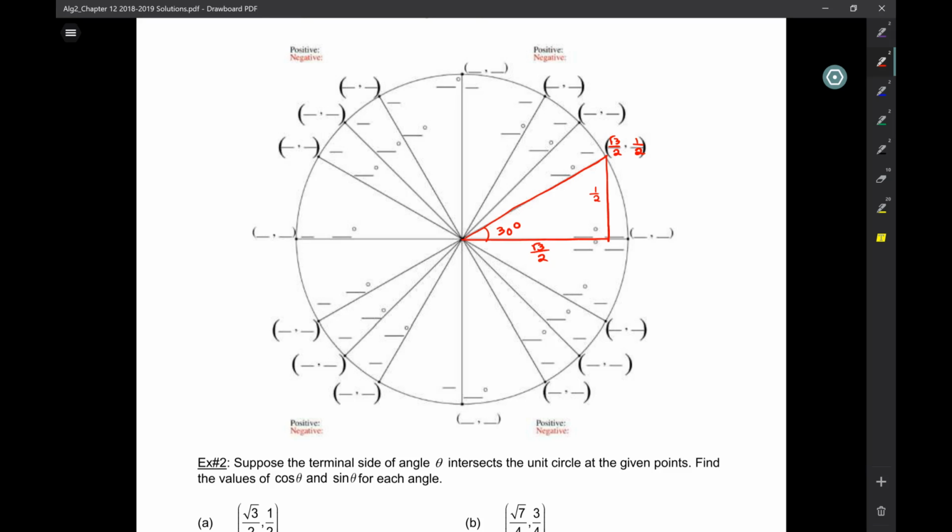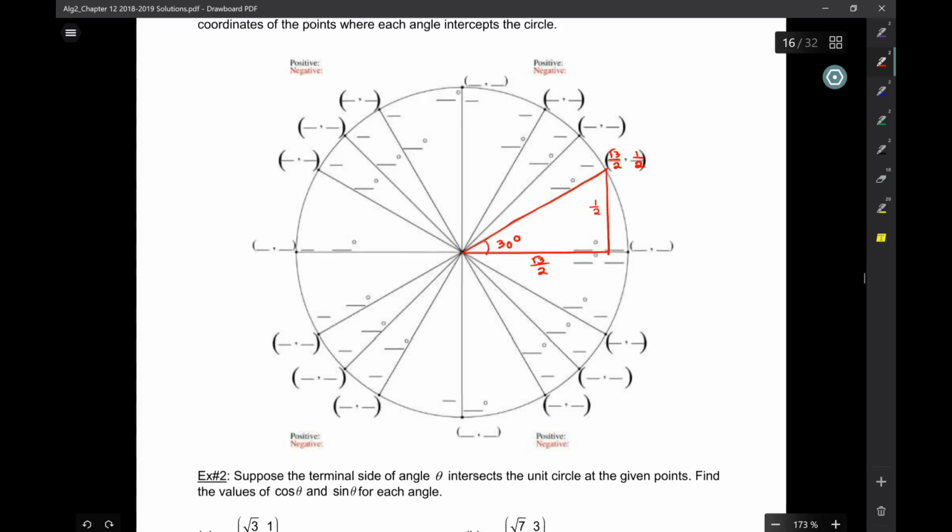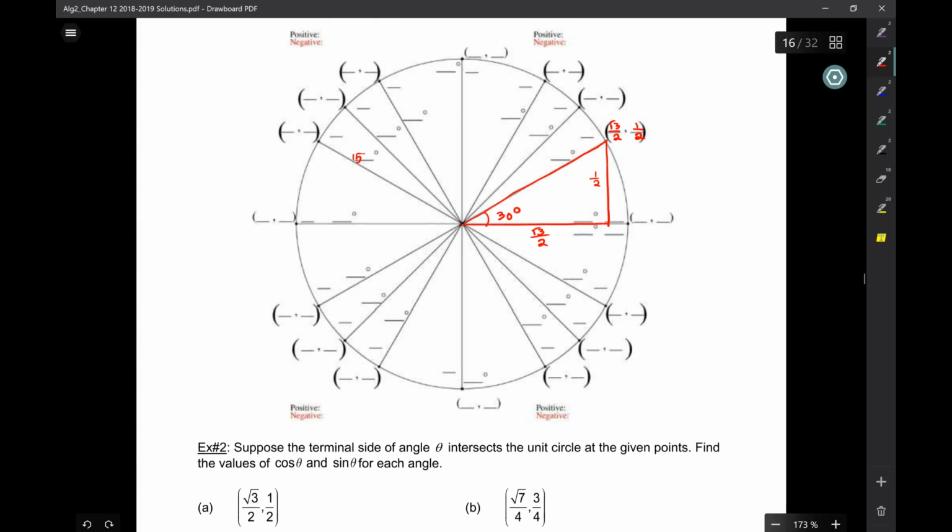Now, look at this angle here. This is 150 degrees, right? But if I draw a triangle here, okay, how much is this angle here? 30 degrees. So now, how big is this vertical side? 1/2, that's the smaller one.